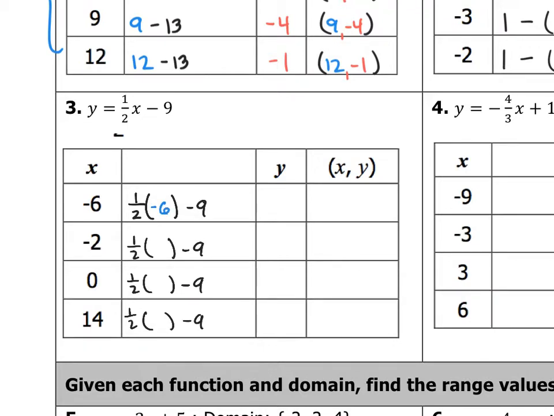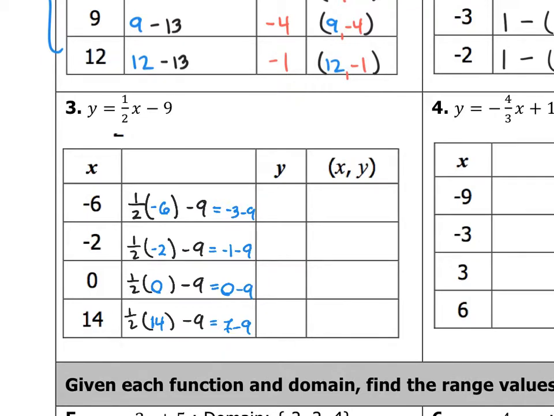Well, we're going to have to do a little bit of order of operations here. Half of -6 is -3, so this is -3 minus 9. Here, when I substitute -2, 1/2 times -2 is -1, so this is -1 minus 9. Here, 1/2 times 0 is 0, so this is 0 minus 9. And then here, 1/2 times 14 is 7, so that's 7 minus 9. So I multiply my x value by a half first, and then I subtract 9.